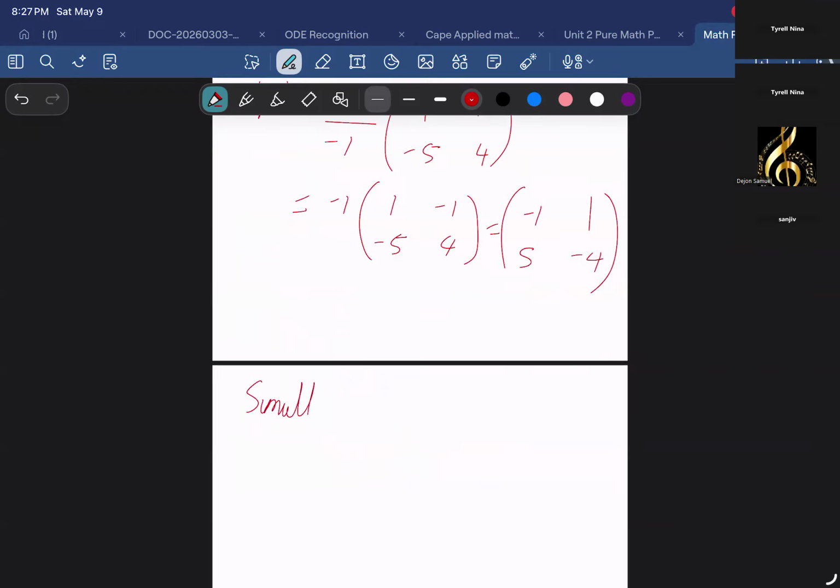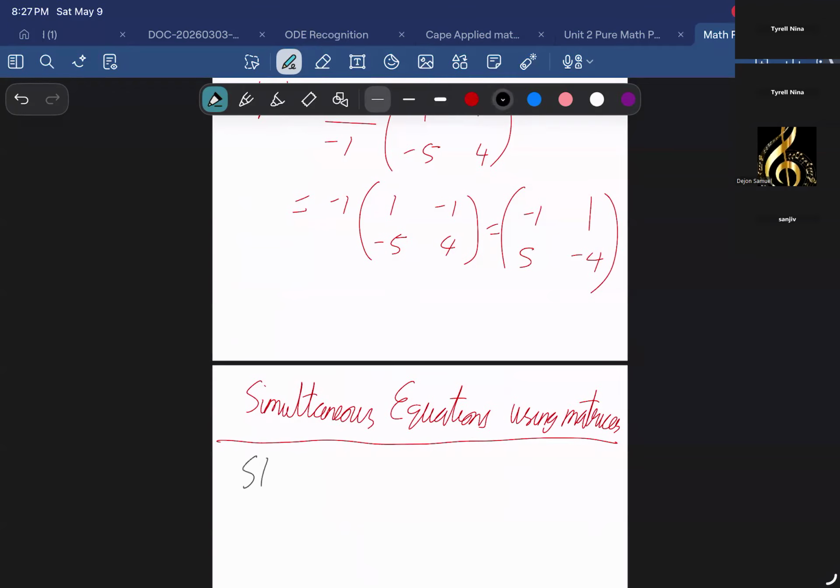So, simultaneous equations using matrices. So steps. 1.